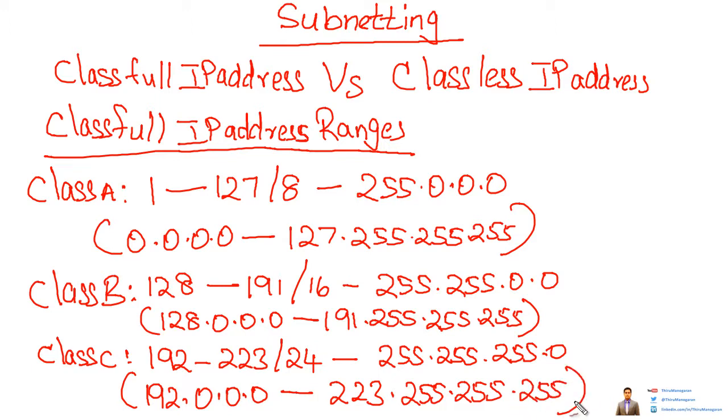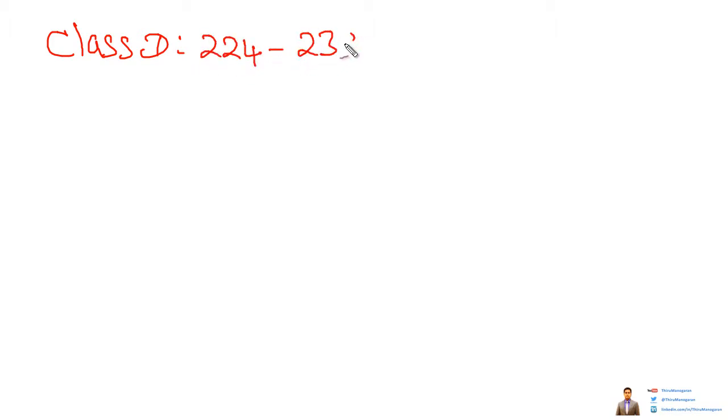Mostly we will be using class A, class B and class C addresses only. There are two more classes. Class D addresses range from 224 to 239.